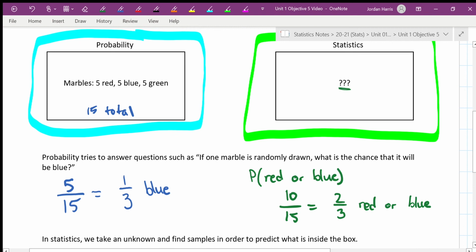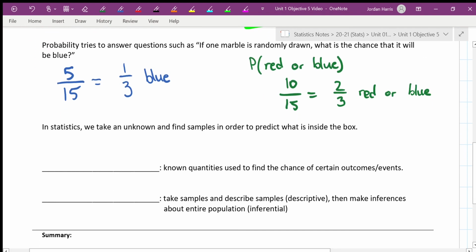After sampling enough times, I might say, based on our samples, we believe there's a 1/3 chance that every time you take a marble out, it will be blue, or a 2/3 chance that it will be either red or blue. We'll be able to predict those probabilities if we sample correctly.